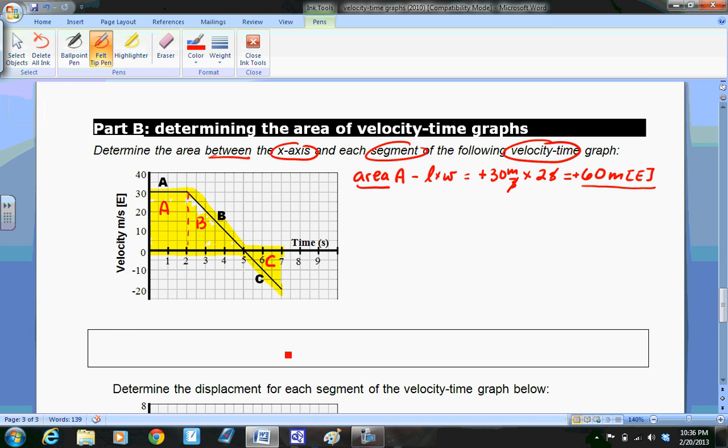So here, you can write down the area under a VT graph, velocity time graph, represents the displacement.